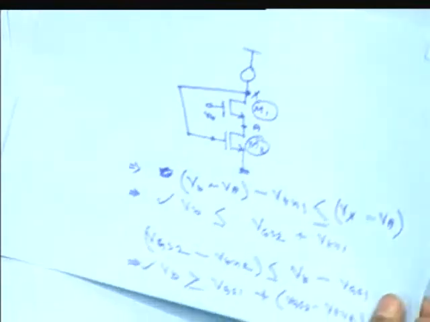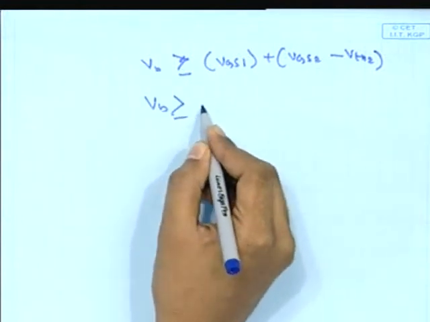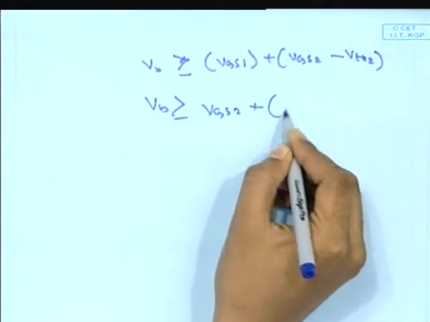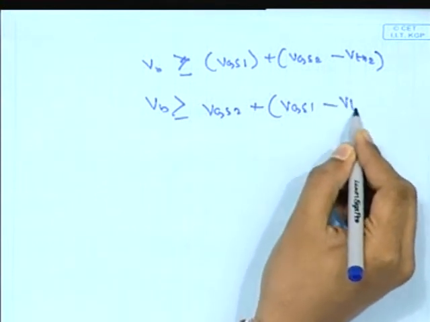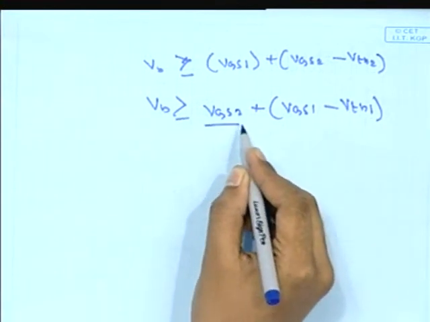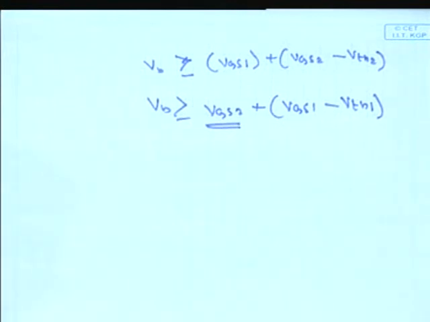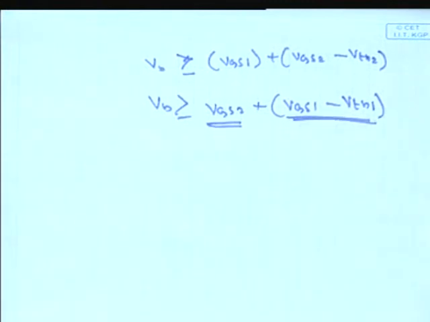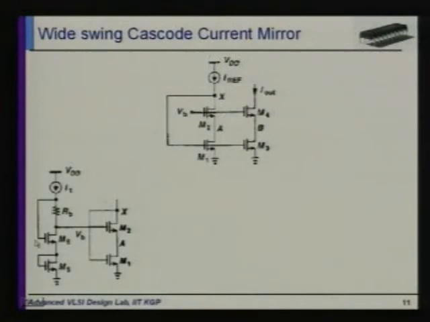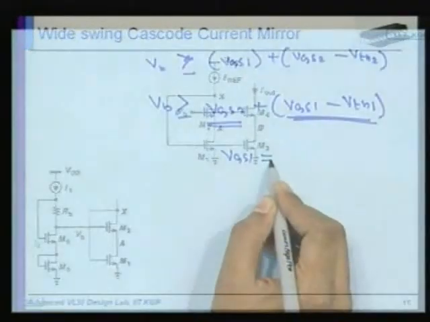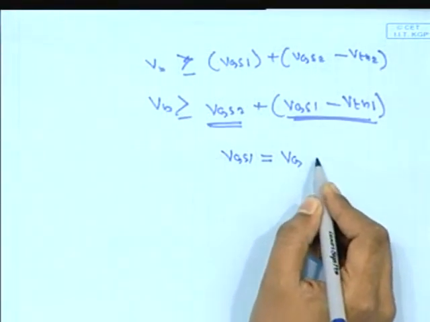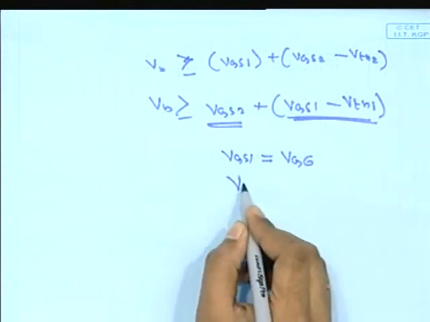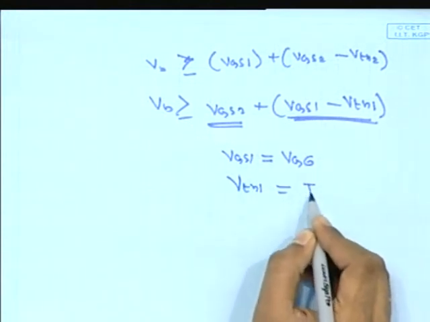In the slide it is in reverse position, so VB will now be VGS2 plus VGS1 minus VTH1. So this VGS2 is nothing but VGS5 in the slide, and VGS1 minus VTH1 is obtained from this transistor and resistor circuit, where VGS1 is equal to VG of M6, that is VG6, and VTH1 is equal to I1 RB.